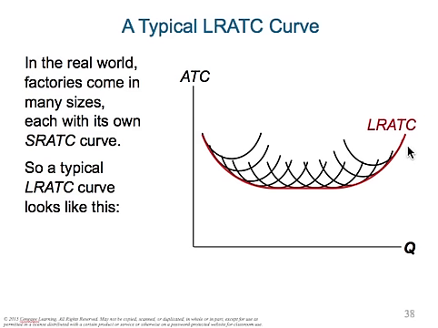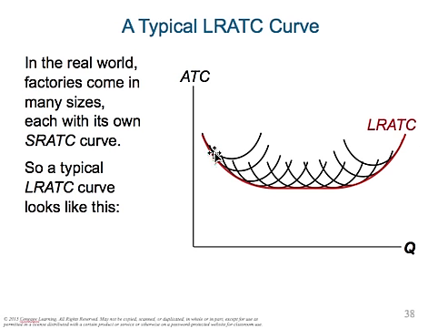Now this curve here looks like a migraine waiting to happen, but in the real world, factories come in many sizes, and each has its own short-run average total cost curve. See all these little black curves here? These are all short-run average total cost curves. And where they bottom out, they all make up a long-run average total cost curve.